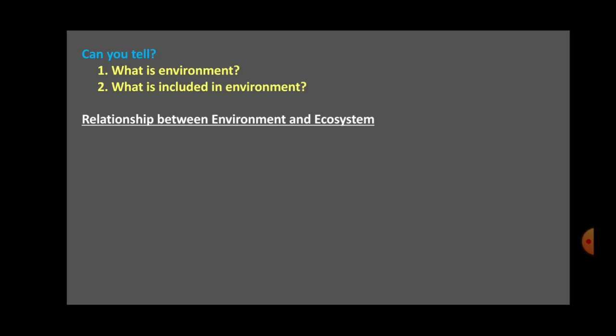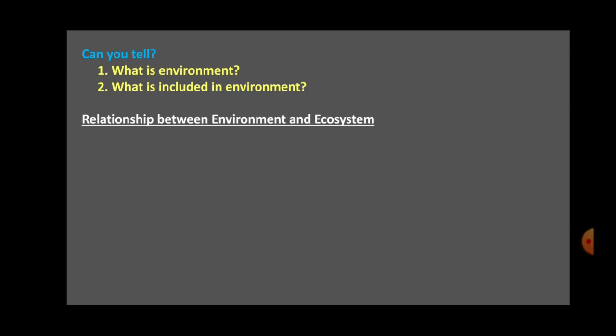Next, relationship between environment and ecosystem. Now there might be confusion among many students between these two words. Environment, we have simply seen what it is. It is a collective term for the physical, chemical and biological factors that surround all living organisms. Now students, this environment is a very broad concept, like I said, these three factors together.